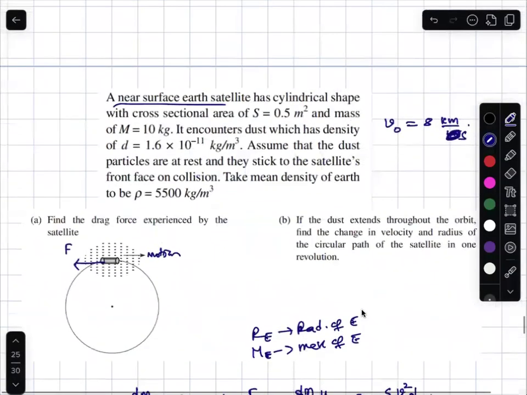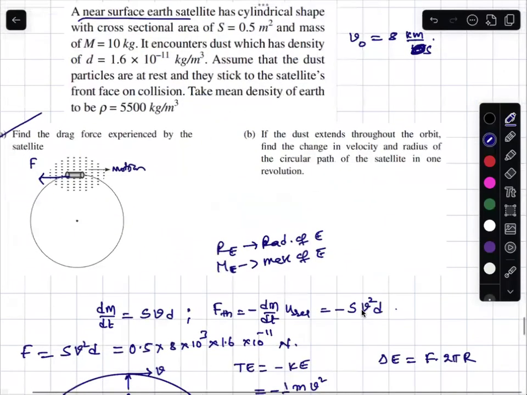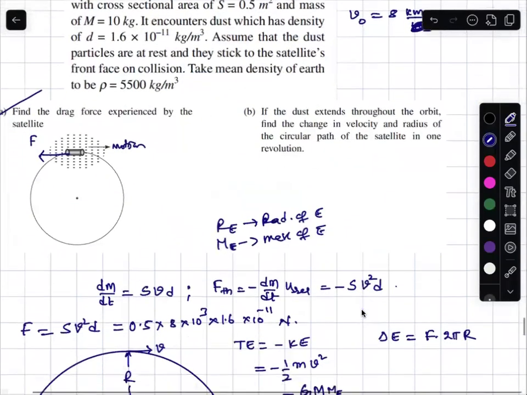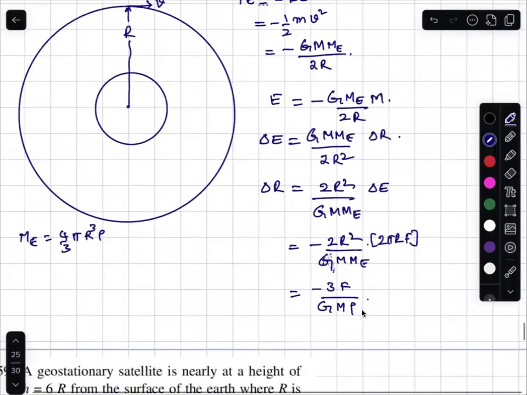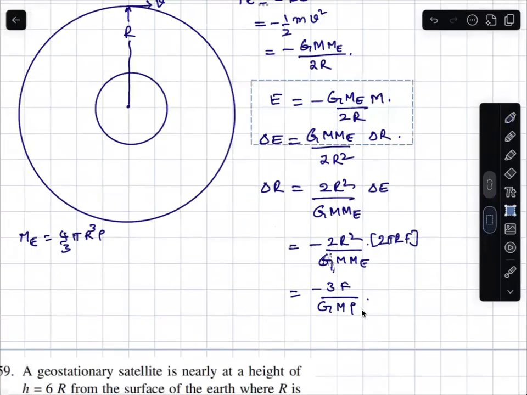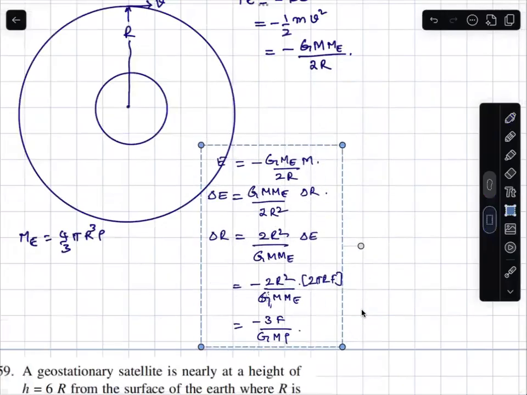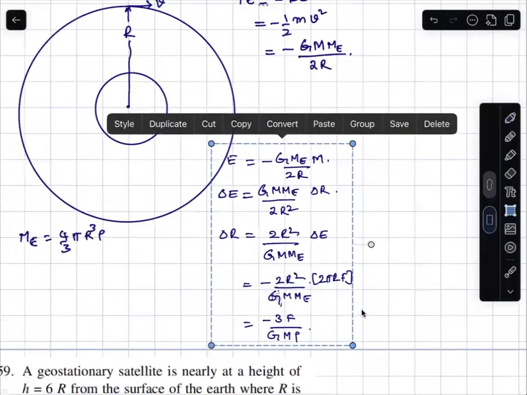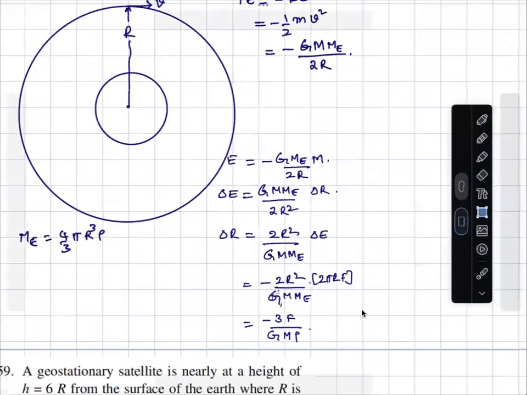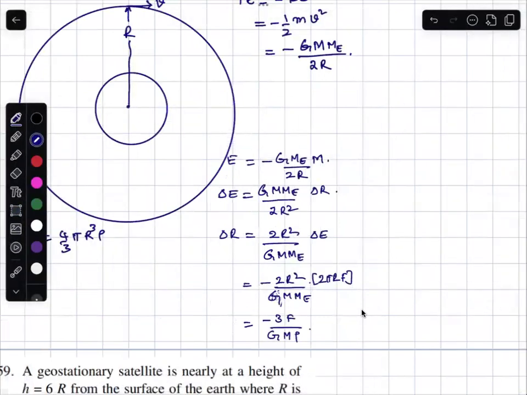They asked you to find the drag force, the change in velocity and the change in radius. Already I have given you the expression for change in radius. Any doubt till this point, please ask me.